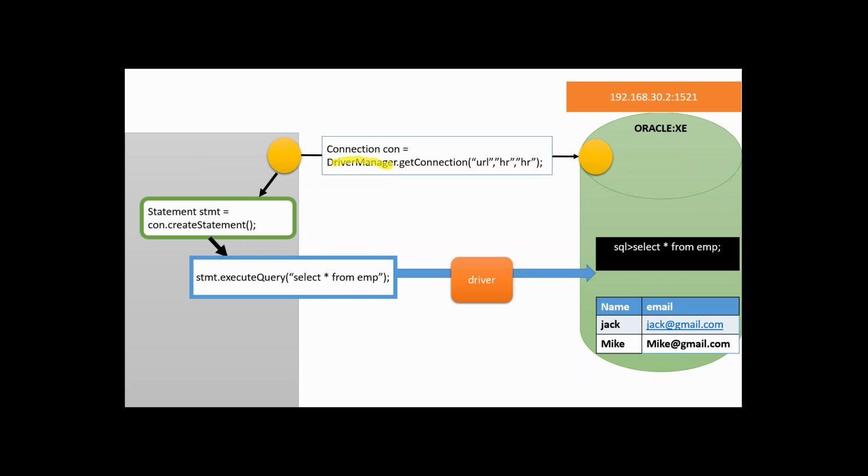In order to make the Java program interpret the result that has been generated, the table that has been generated, we take the help of the driver. The driver will encapsulate this table into the result set object, and this result set object along with the data is shipped to the Java program.